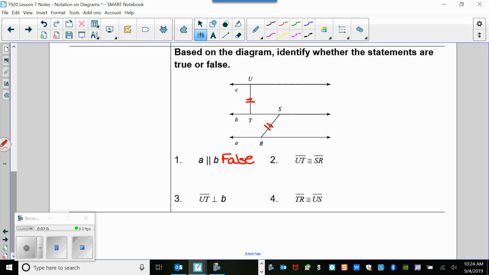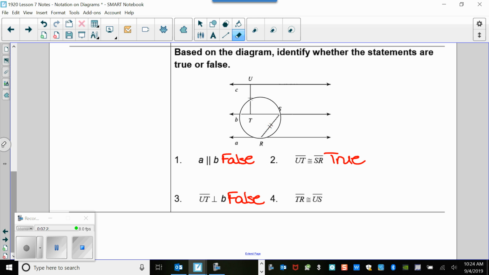SR has 2 tick marks, so yes, true, they are congruent. UT is perpendicular to B. So as I look at this area, I should see a right angle symbol, and I don't. So this is going to be false. TR isn't even drawn in there. False.